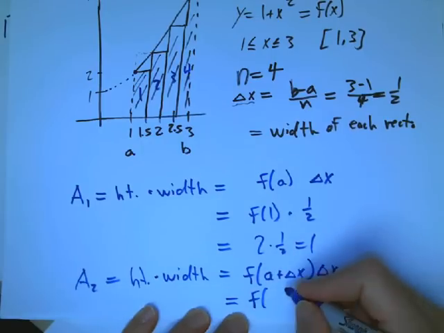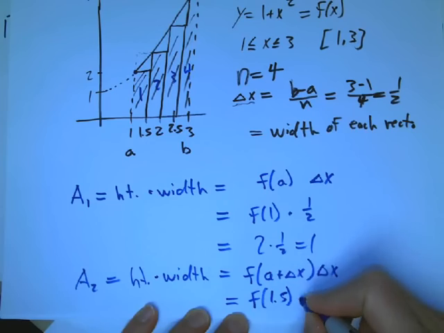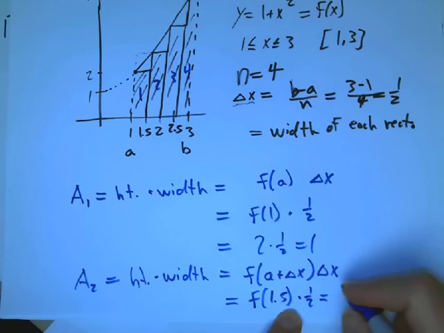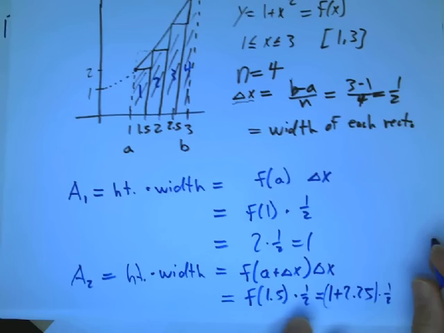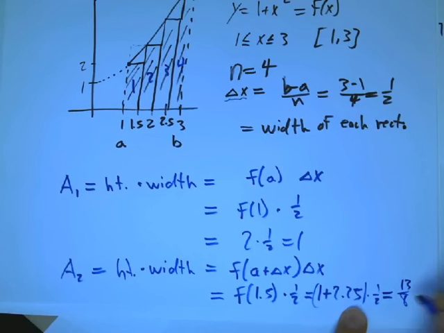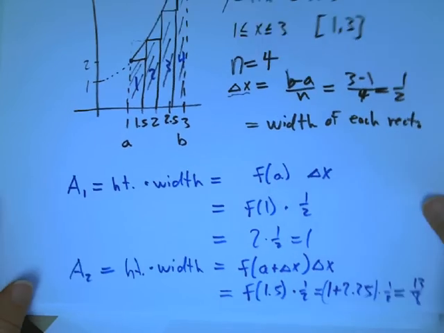And so that's going to be f of 1.5 times 1/2. So I need to put 1.5 into my formula. So that's 1 plus 2.25 times 1/2. And that's, let's see, that's 9/4, 13/4 is 13/8.